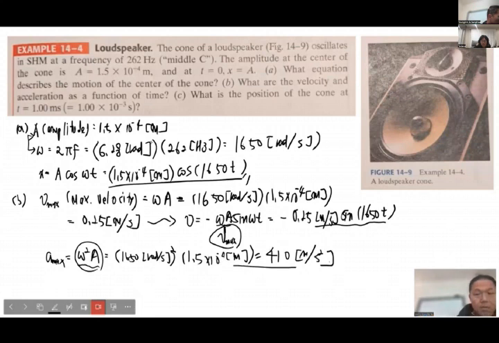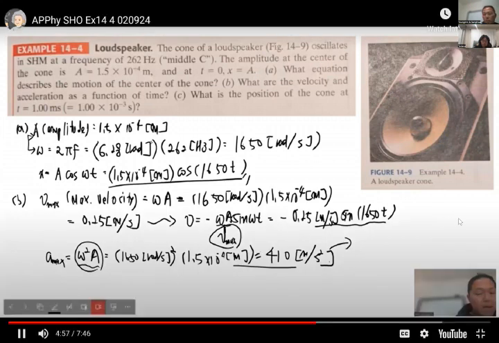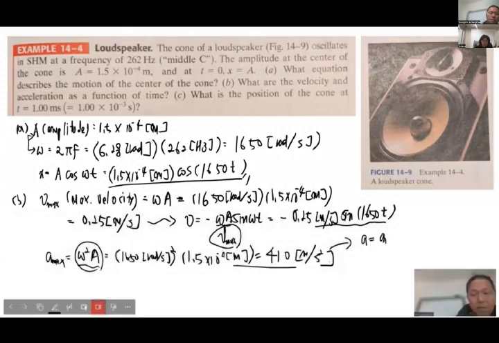So now if you plug this number into the equation of acceleration from the simple harmonic oscillator, then that should be maximum acceleration times cosine omega t. The maximum acceleration is defined by omega squared times A. We already derived the answer for omega squared A, so we just need to plug that number into this formula.